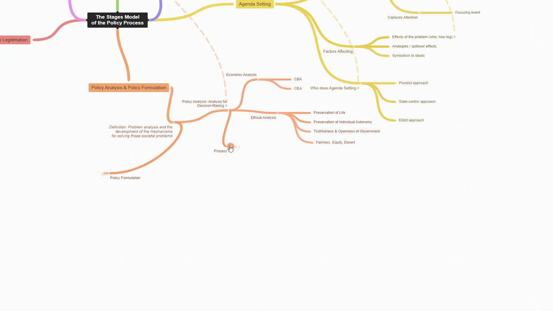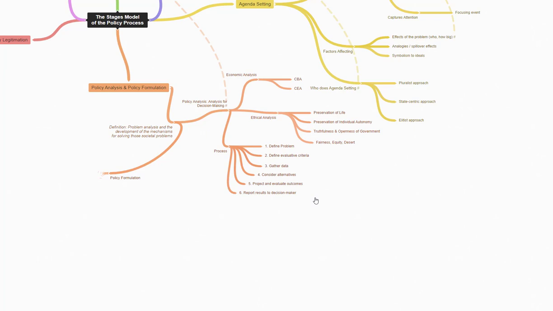So what's the process for this? Doing analysis for decision making is typically a 6-step process. We want to define the problem, and this goes back to the labeling question from earlier, right? Targeting and measuring. We need to determine some evaluative criteria. How do we know when we have a good solution? By what criteria would we evaluate our alternatives?